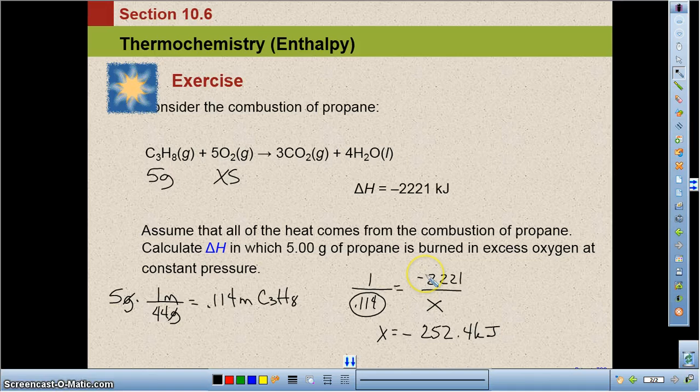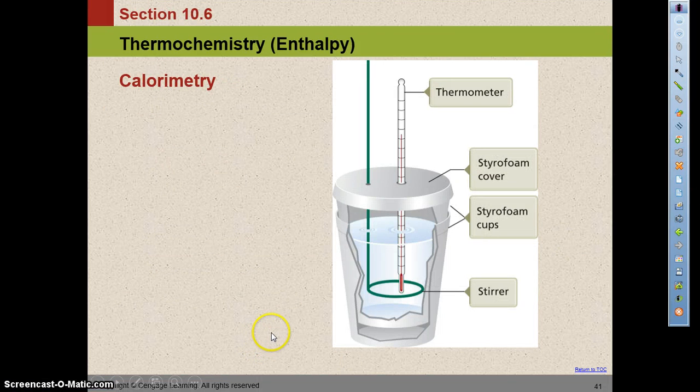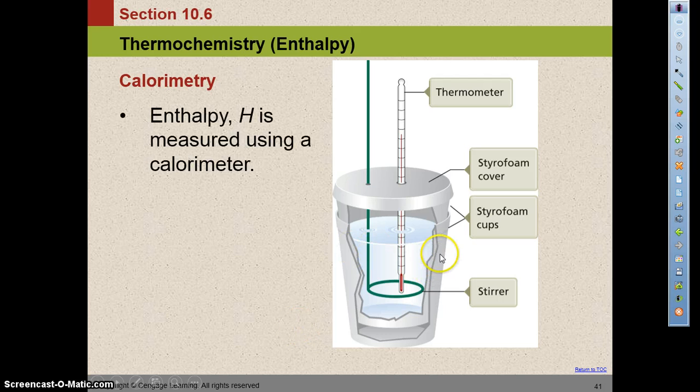The last thing we're going to look at in section 10.6 is calorimetry, and this is one that's made with very expensive equipment, styrofoam cups, and we can actually use this to measure the enthalpy of the reaction in the calorimeter.